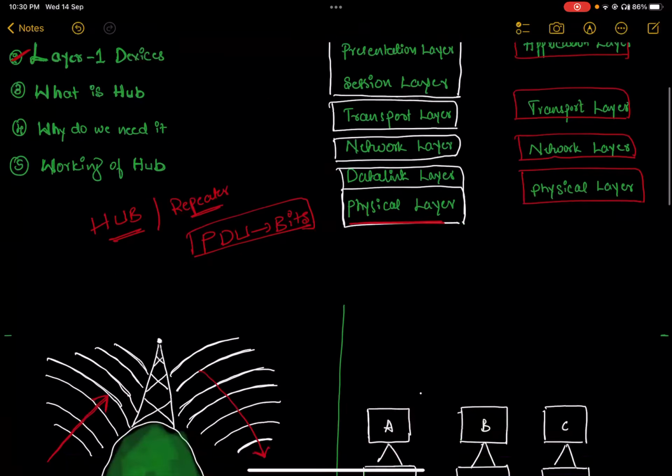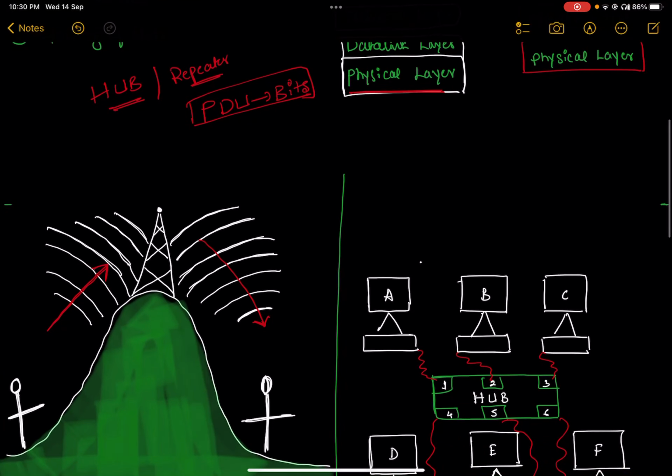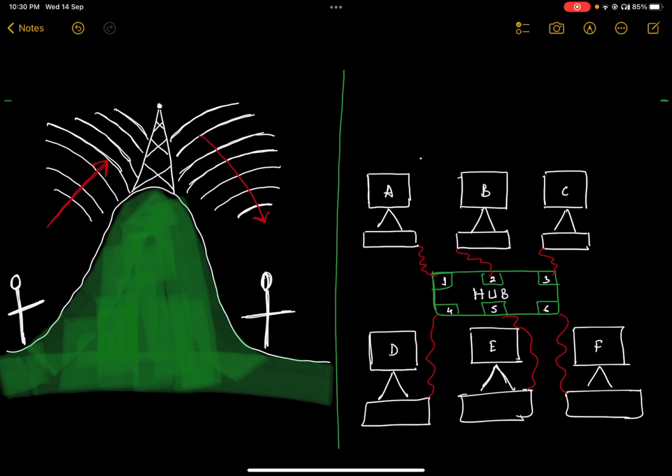Moving on, let's discuss the devices that are present in layer one. Here I have a repeater. As I mentioned, we have repeaters and hubs in layer one devices. I would touch upon the repeater in depth in our next class, but just to give you a brief idea about what a repeater is and how it works, I have drawn this picture already for you.